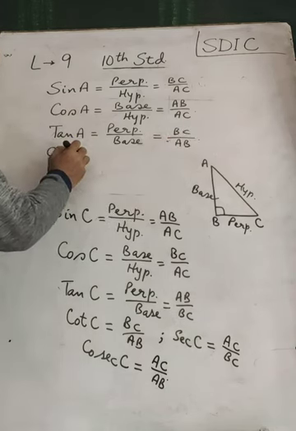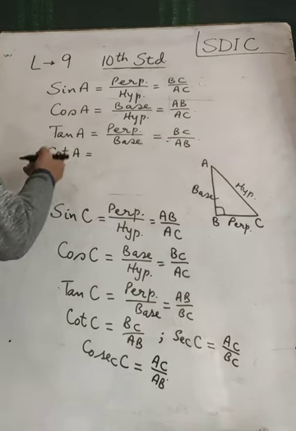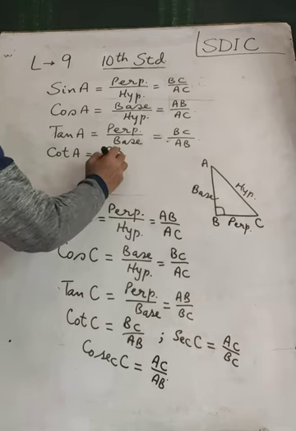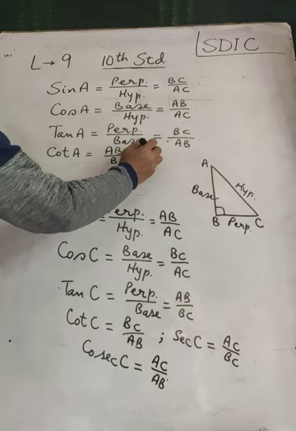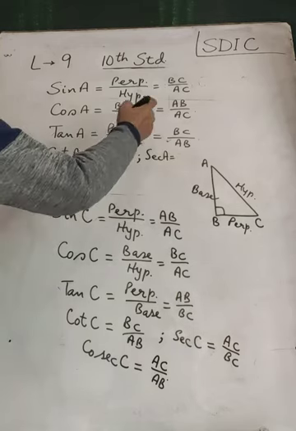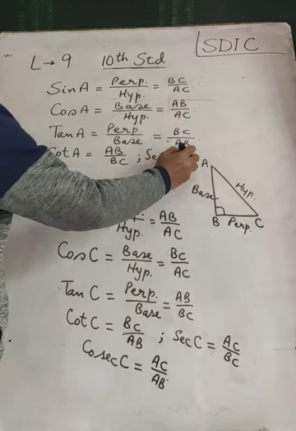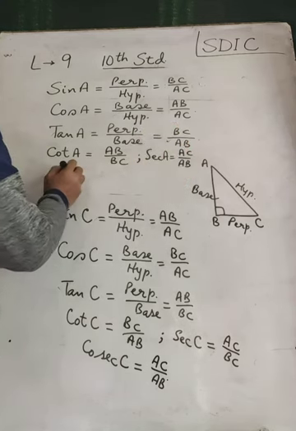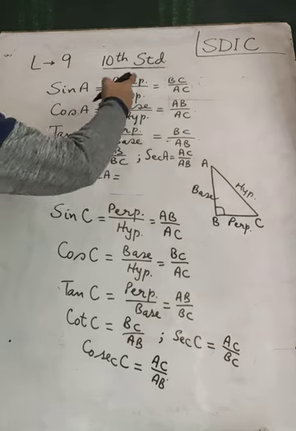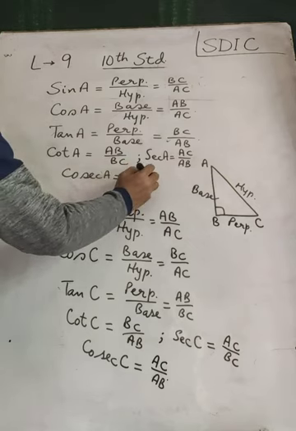Again, the remaining three reciprocals. Cot A is reciprocal of tan. It will be therefore AB by BC. Sec A, reciprocal of cos. It will be AC by AB. And cosec A, reciprocal of sine, will be AC by BC.